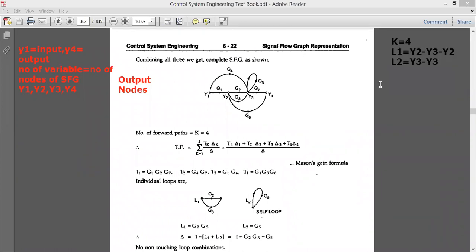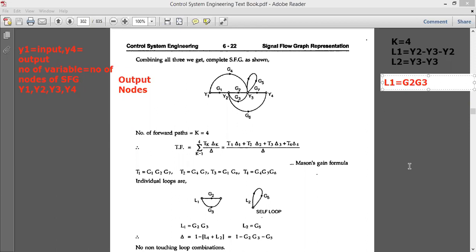So how to find those values? L1 is equal to the product of the gains between Y2 and Y3, which is G2, and between Y3 and Y2, which is G3.